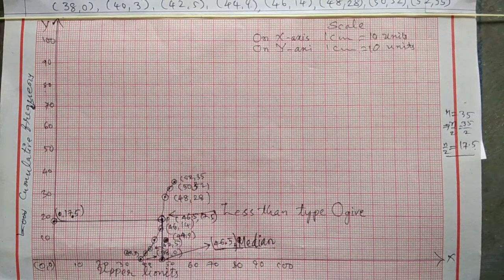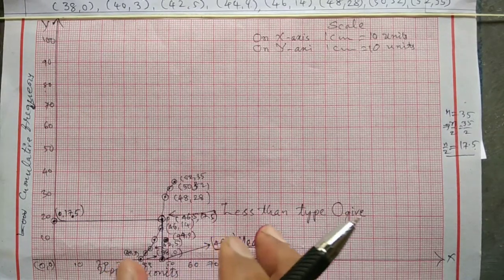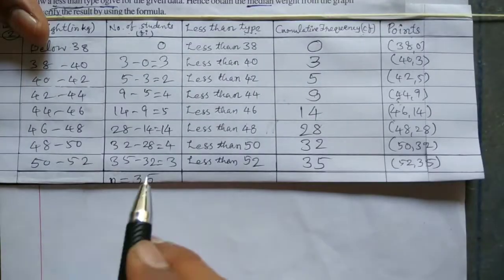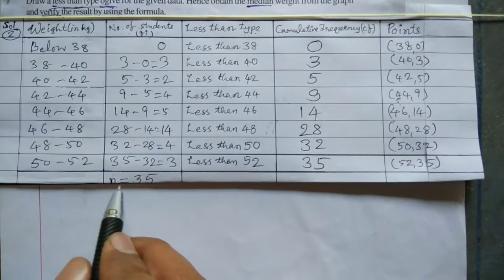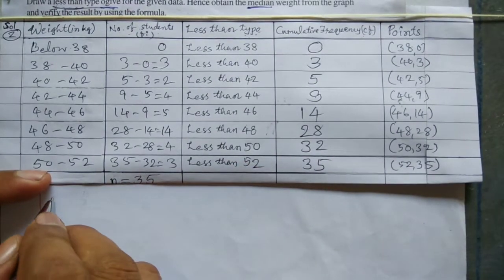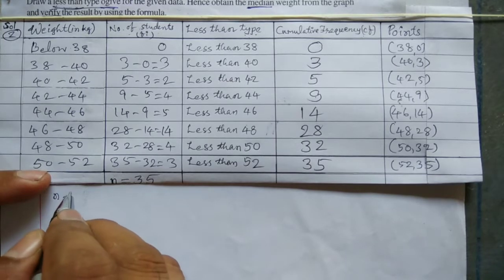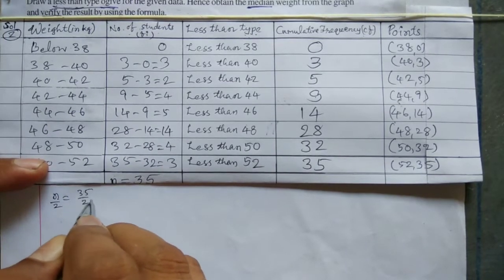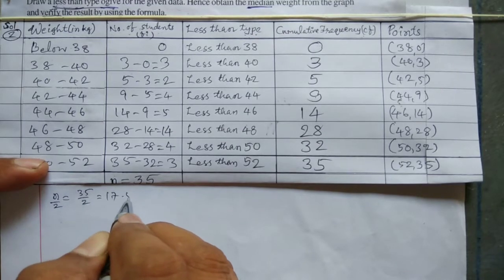Now we have to verify this point using the formula. Here n is equal to 35. Therefore n by 2 is equal to 35 by 2, that is 17.5.